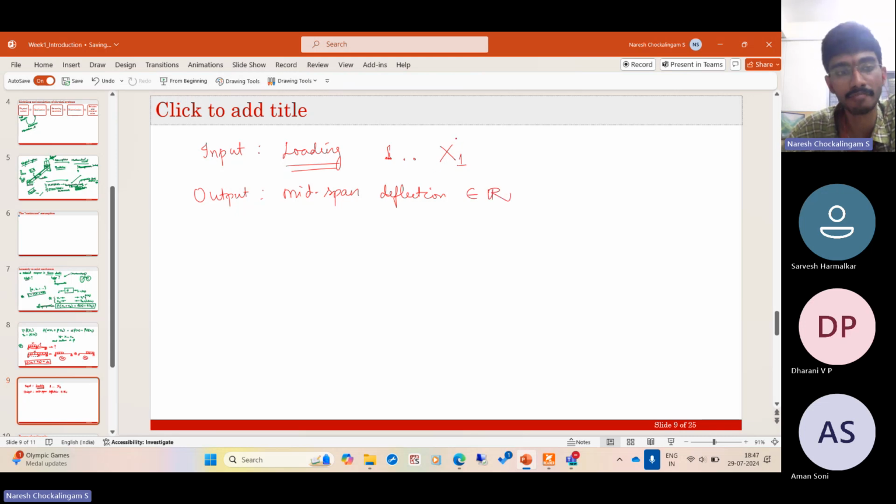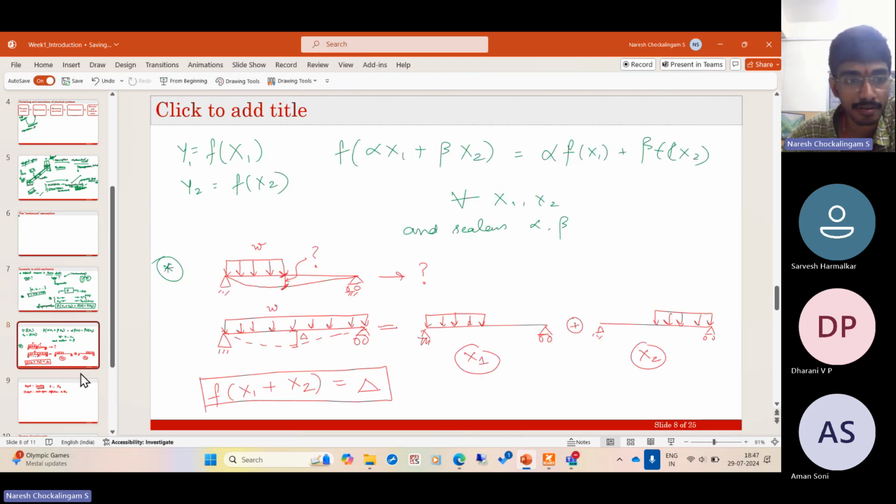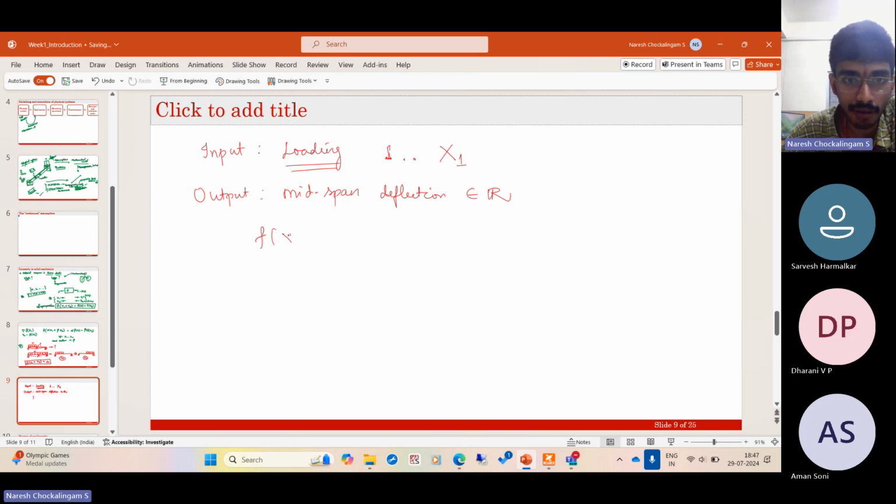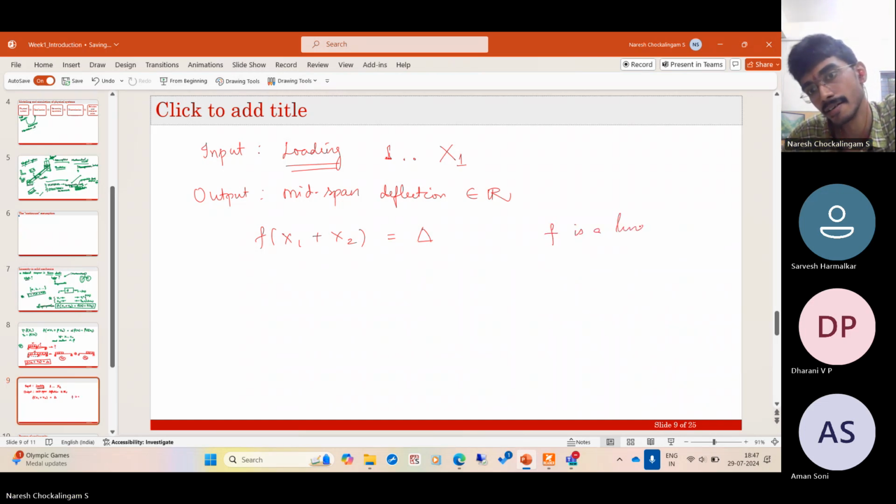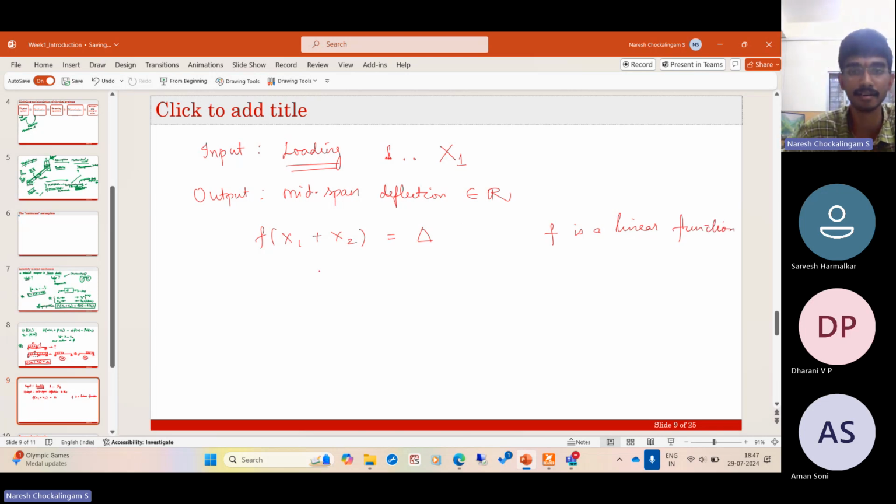I'm giving that f of x1 plus x2 is equal to delta, and that f is a linear function or linear operator, whatever it is. Given the loads, the system is linear elastic, so we get this.